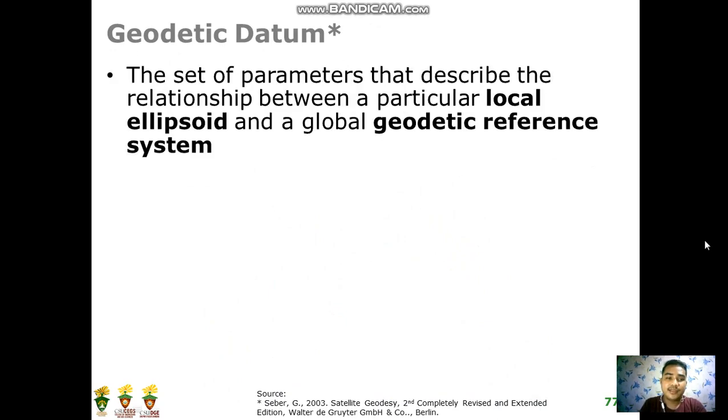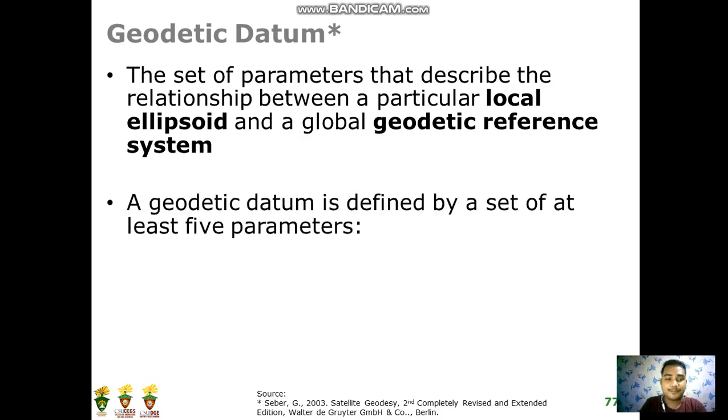And let's go to the discussion of the geodetic datum. A geodetic datum is the set of parameters that describe the relationship between a particular local ellipsoid and the global reference system. So again, it is a set of parameters that describes the relationship between the particular local ellipsoid and a global reference system.